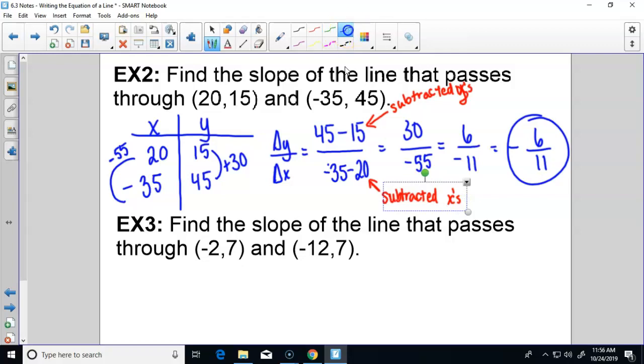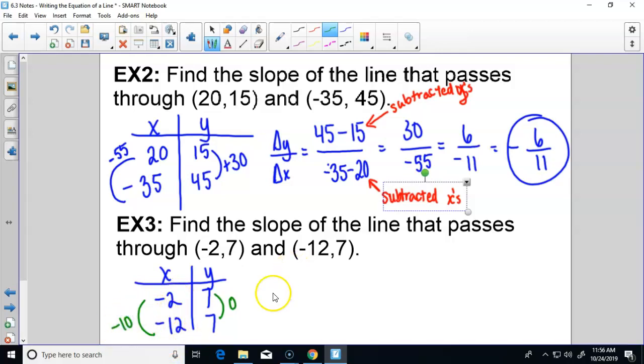So you can stick to using this table method if you would like. You've got x, y, you've got (-2, 7) and (-12, 7). Here we would see our change in y would be 0. Our change in x, we're going from -2 to -12, so that would be -10. So our change in y over change in x would be 0 over -10, and 0 divided by -10 is 0. 0 on the top is okay.